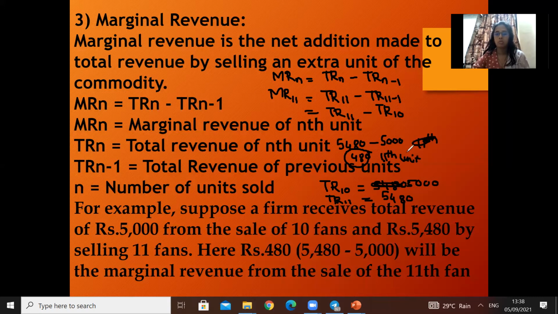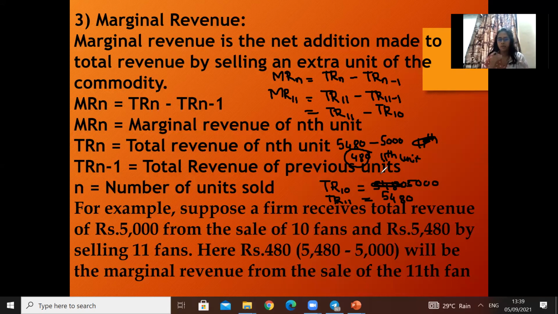Understood? So in this video we have seen three concepts, that is TR, AR, MR. If you have understood TC, AC, MC properly, in the same manner they work. Marginal means extra, one more addition. Suppose after selling 11 units I am getting total revenue, and after selling 10 units, whatever the amount I am getting, that is total revenue.